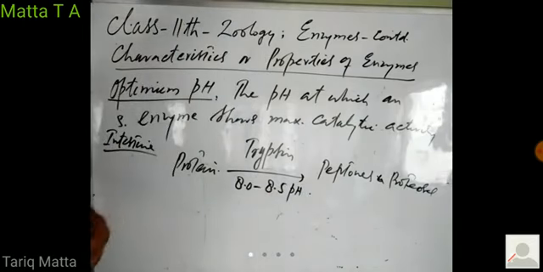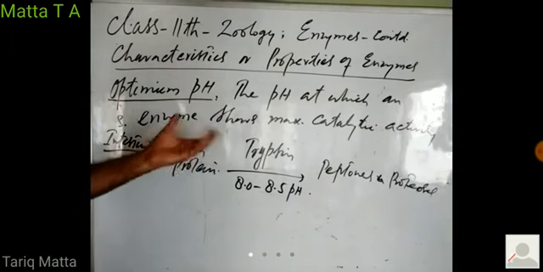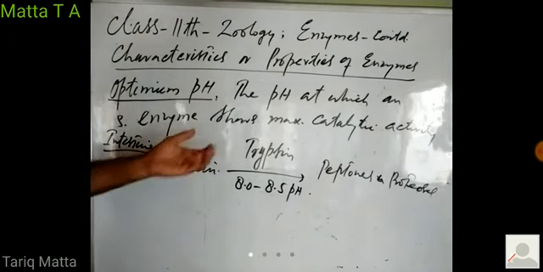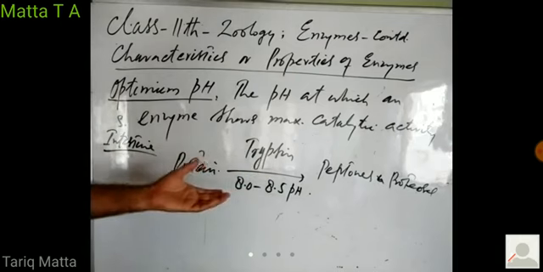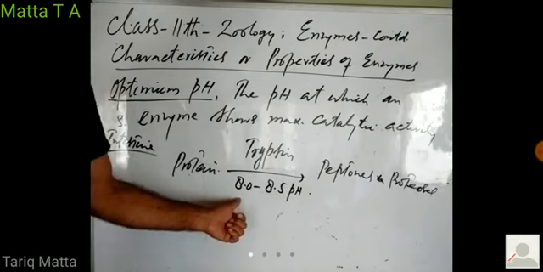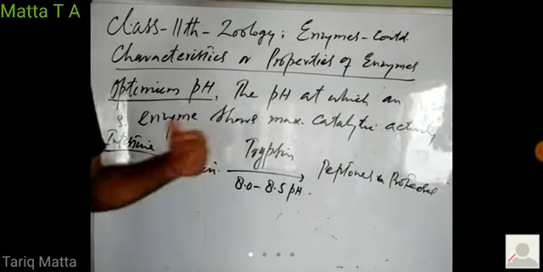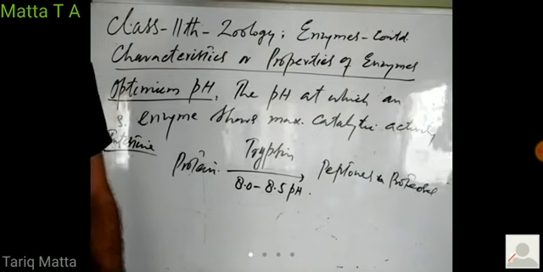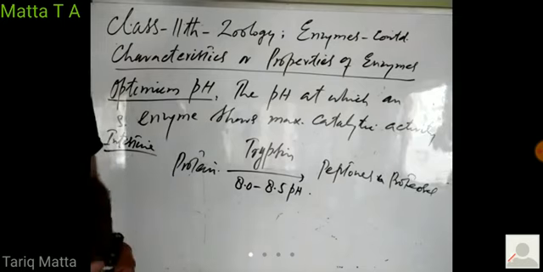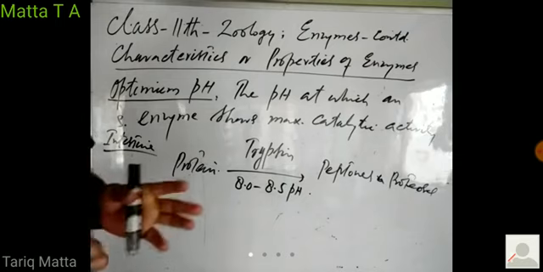So some digestive enzymes, for example pepsin, show maximum catalytic activity at acidic pH. But some digestive enzymes, for example trypsin, show maximum catalytic activity at a pH of 8.0 to 8.5, right? So it works in alkaline medium. All the enzymes do not have the same optimum pH. This optimum pH of enzymes varies.